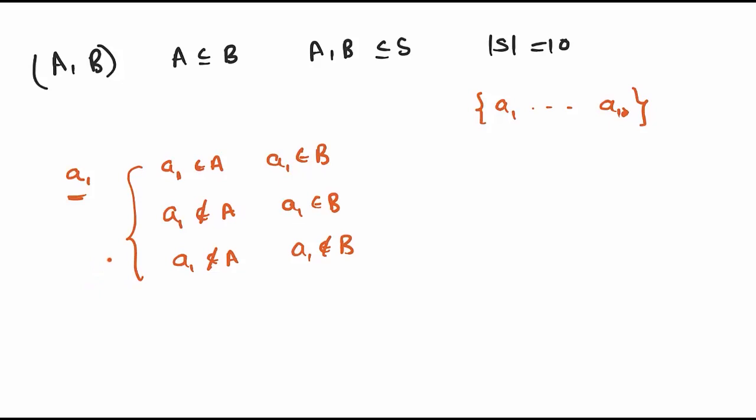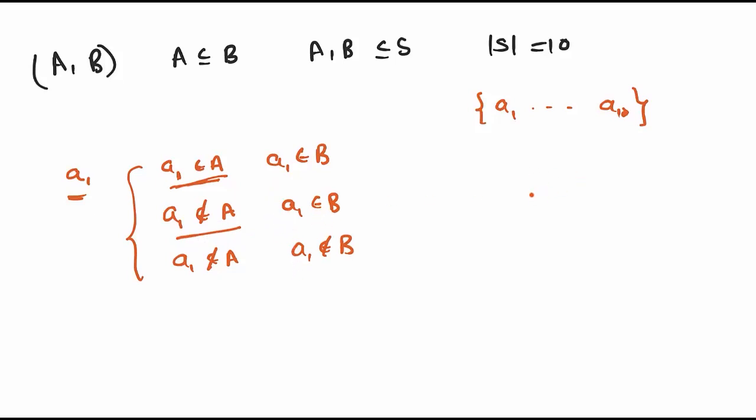Is it understood? If A1 belongs to A, then I have only one choice: I need to include this A1 into B. But if A1 does not belong to A, then I may or may not have it in B, because B is a superset.